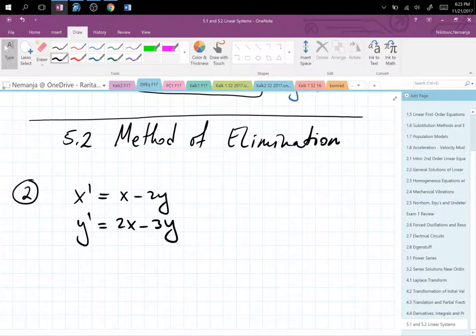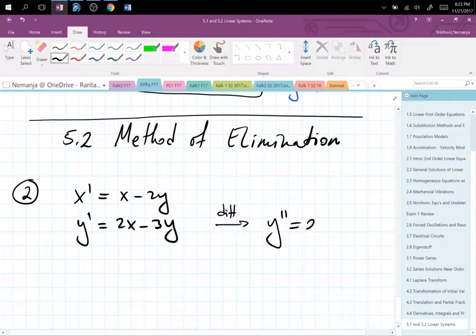So for this problem, we are going to use our standard approach. You can differentiate this one to get y double prime is equal to 2x prime minus 3y prime.